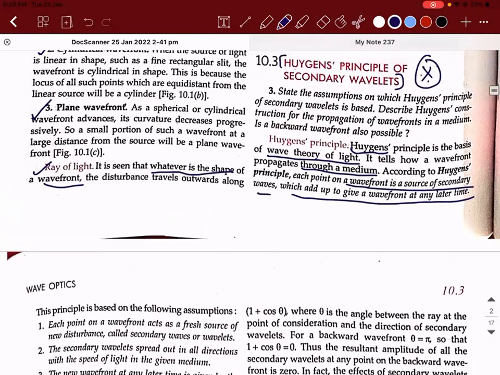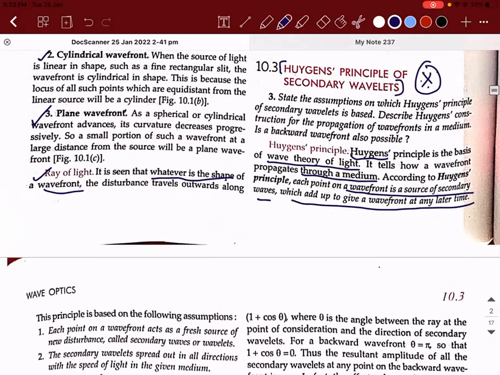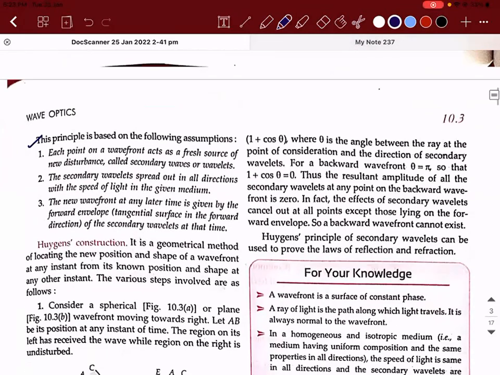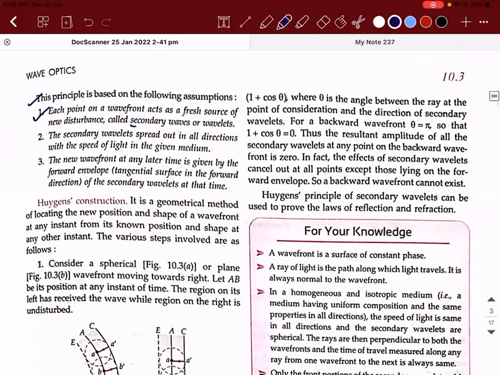Now we are going to discuss something called wavelets, not wavefronts. Huygens principle of secondary wavelets is based on the following assumptions. First, each point of a wavefront acts as a fresh source of new disturbance called secondary waves or wavelets.